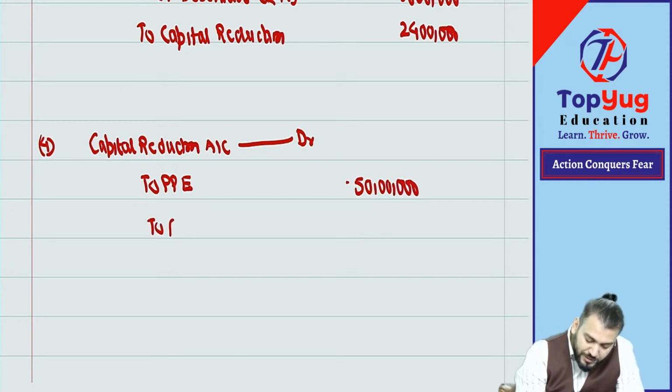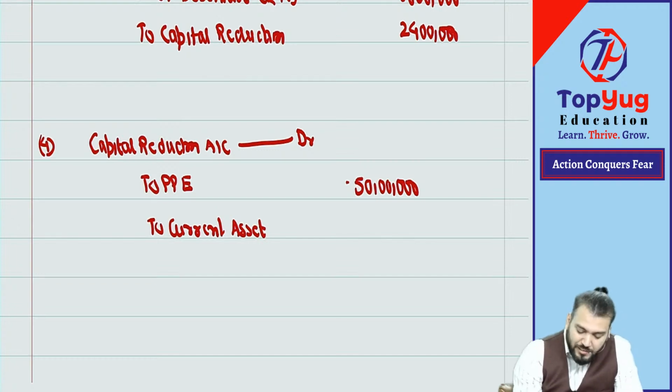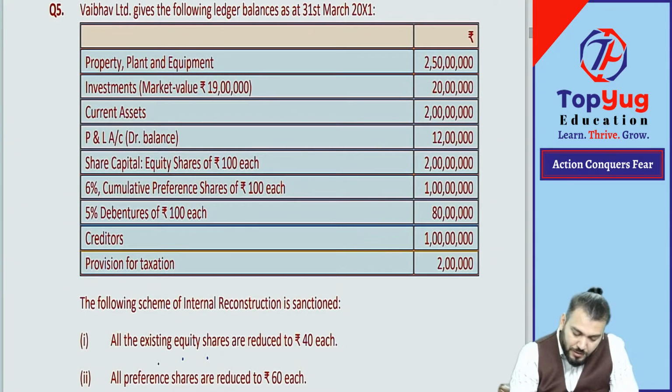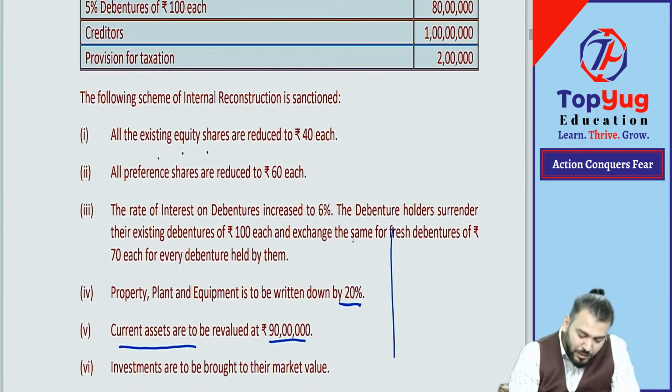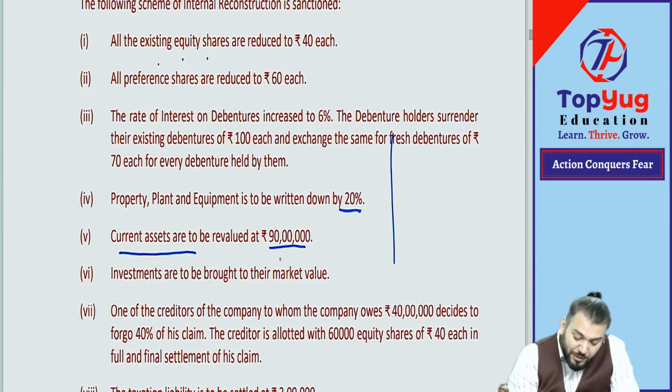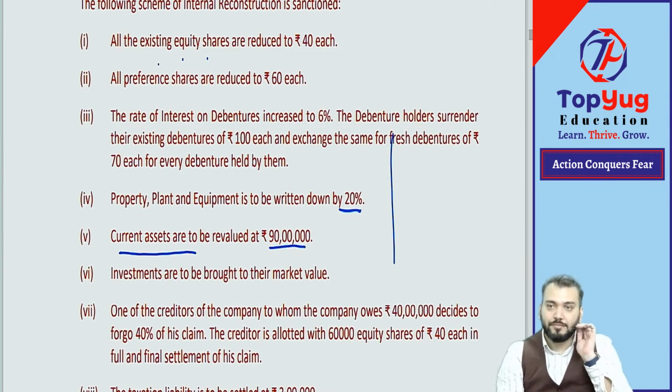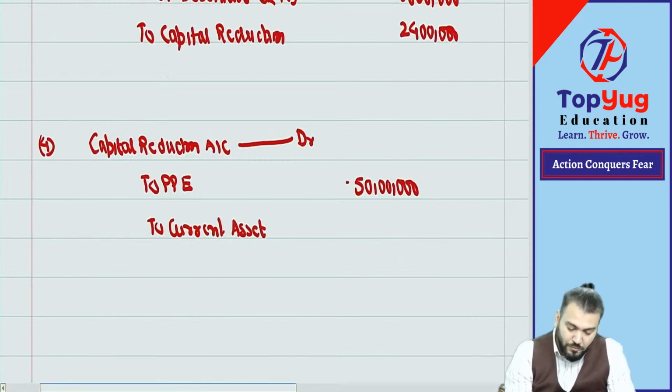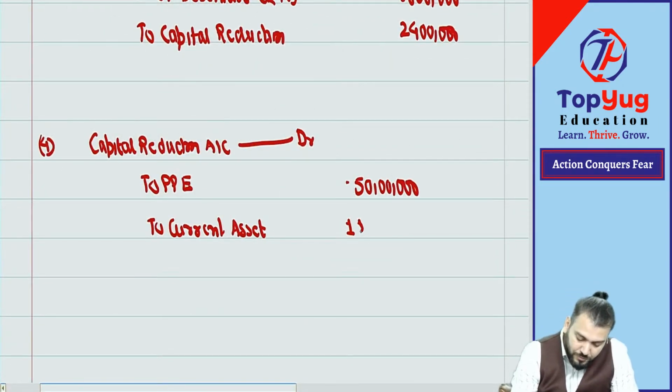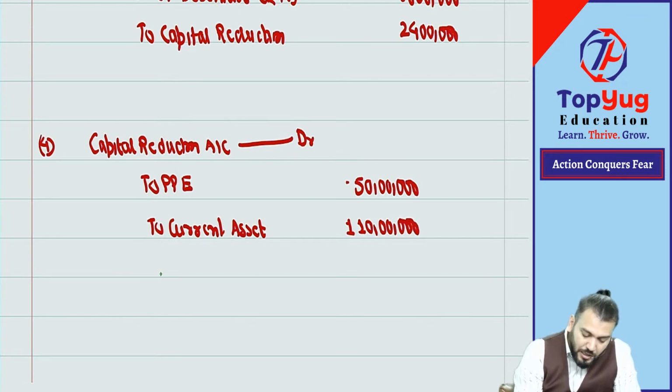Then to current assets. So 2 crore is given and it is reduced to what? Current asset is 2 crore as given, and it is revalued at 90 lakh. So how much reduction? 1 crore 10 lakh. And there is one investment also.